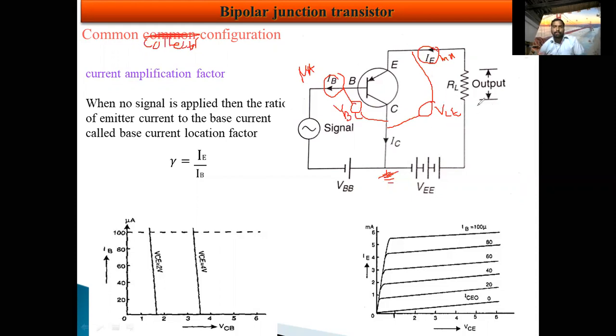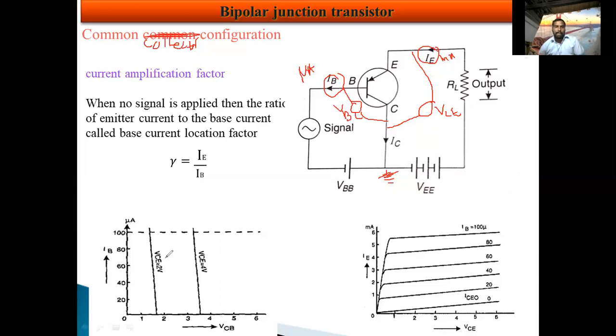When taking input characteristics, suppose the VCE value is kept constant. Keeping it constant, we have to change the VBC value. The corresponding IB value is noted. This process is repeated for different constant values of VCE.